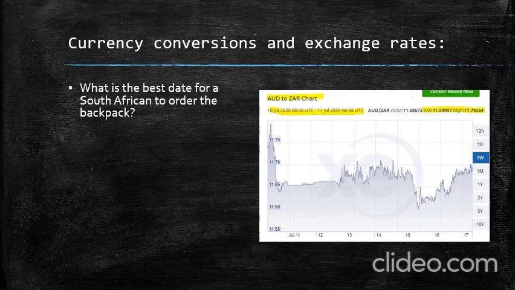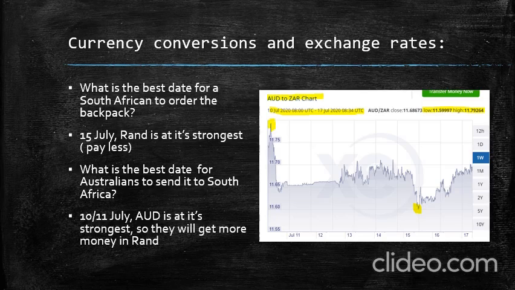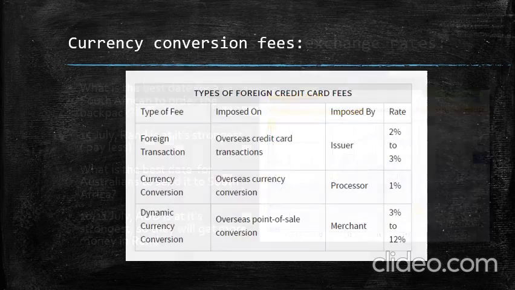Therefore we would like to pay as little as possible, so it would be here on the 15th of July. And then they can ask, what is the best date for Australians to send it to South Africa? Then they will look for the highest price, and that will be here, the 10th or the 11th of July, as they will get more money in rands.